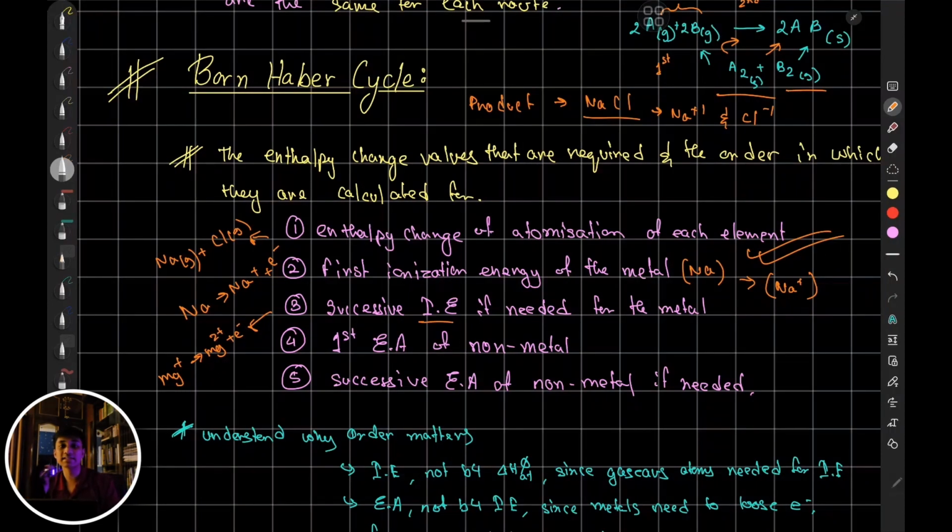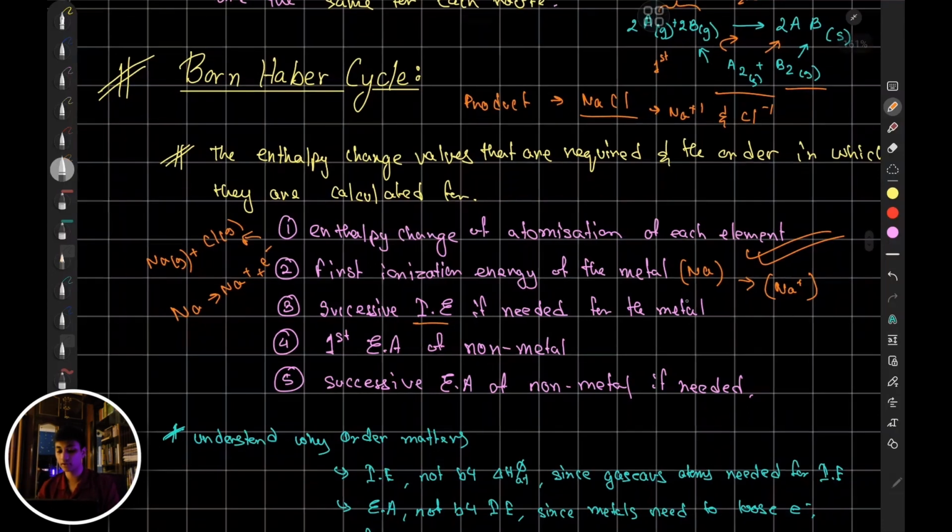This would be the successive ionization energy. But in this case, we do not have a successive ionization energy because sodium is going to form an ion with positive 1 charge. Great. So this only applies if you have metals with greater than positive 1 charge.